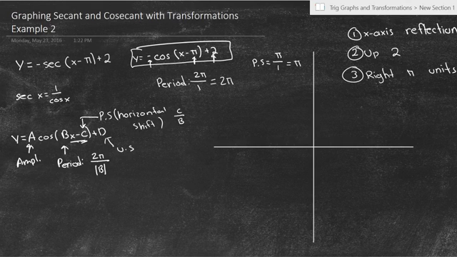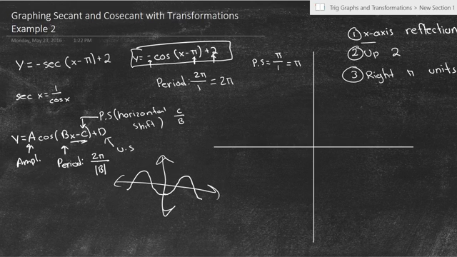So I'm going to start with my normal cosine function here. I'll just draw a quick sketch before we put it on the real graph. We start here, we go down, we go up, we go down, we go up. And then, okay, first thing we did, x-axis reflection. That flips everything over. Let's account for that. We're going to be starting down at negative 1, so we're going to go up and then down, go up and then down. Alright, and then we went up 2. Well, instead of being down at negative 1, we went up 2, so now we're at positive 1 starting.